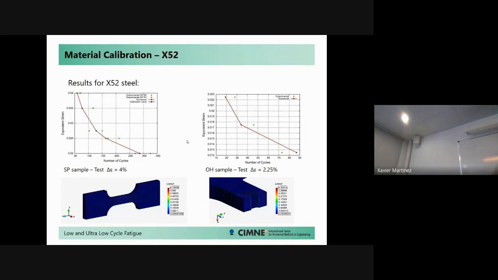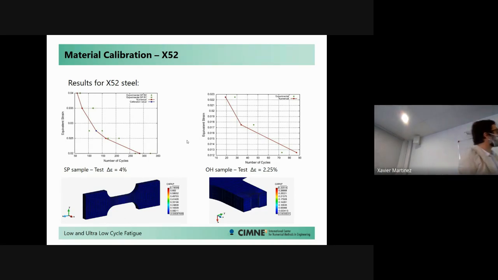Now, you've got all these green points that correspond to the experimental analysis and the red line that corresponds to the numerical results. And as you can see, the assumption that we've made, that this plastic energy that can be dissipated can drive the low cycle fatigue problem, is quite accurate because the results are quite accurate.